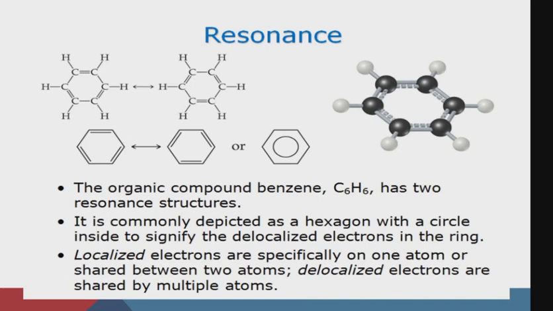It is commonly depicted as a hexagon with a circle inside to signify the delocalized electrons in the ring. Localized electrons are specifically on one atom or shared between two atoms. Delocalized electrons are shared by multiple atoms.